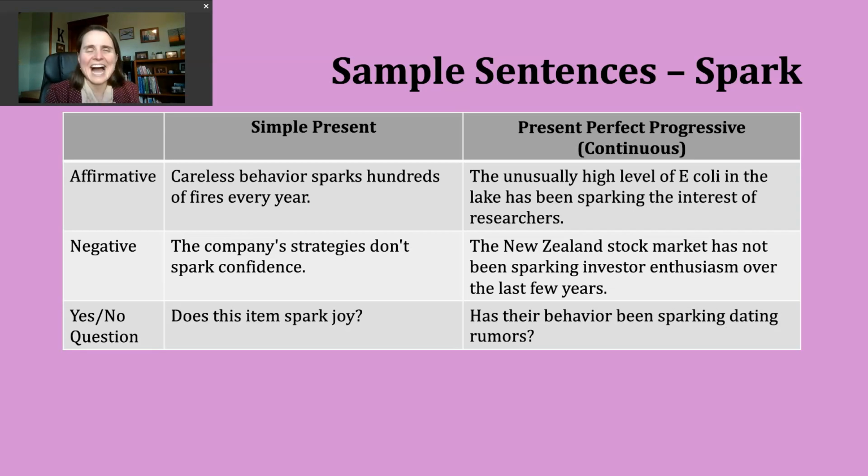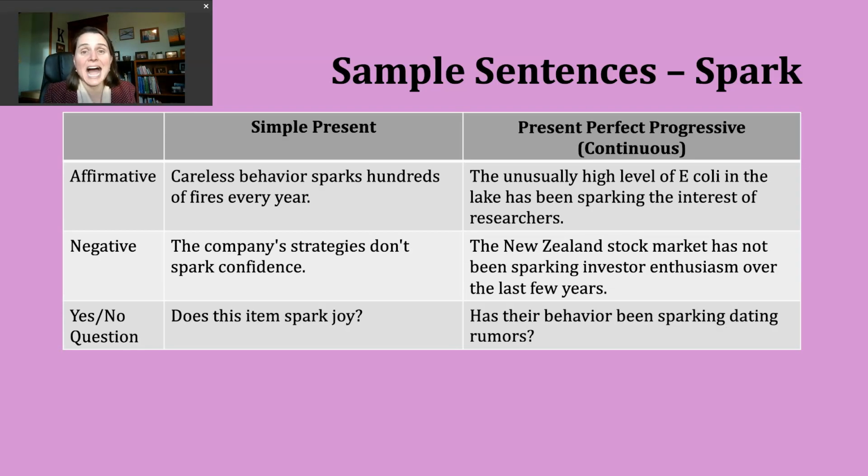Now, the reason I like saying present perfect progressive is that the three letter P's in this verb tense name can help my students remember that they need three parts to make our verb. This is another verb tense where we need to pay attention to our subject.